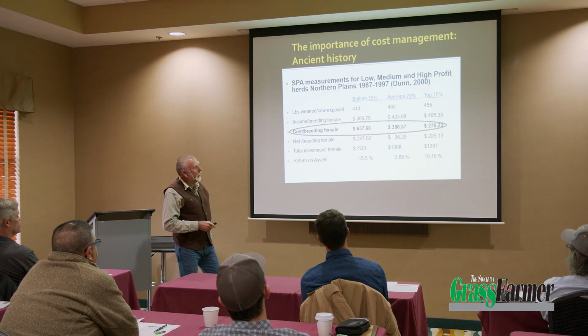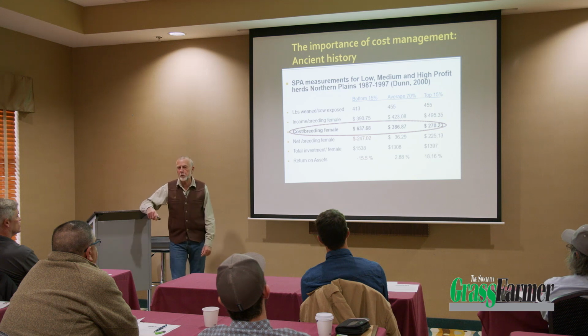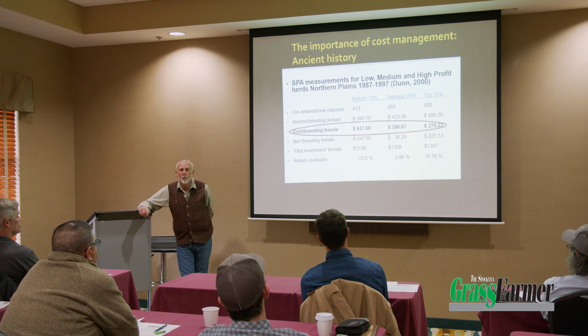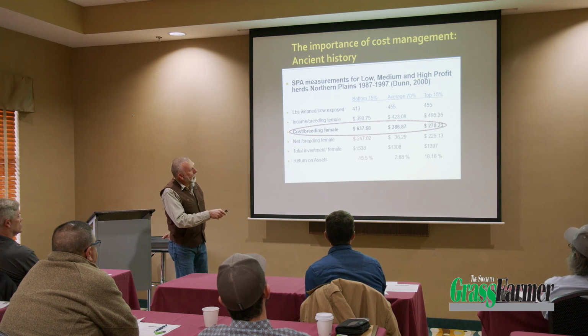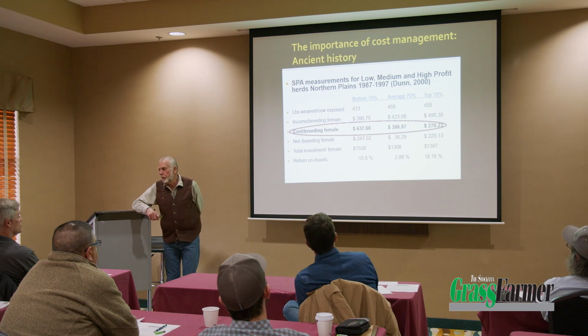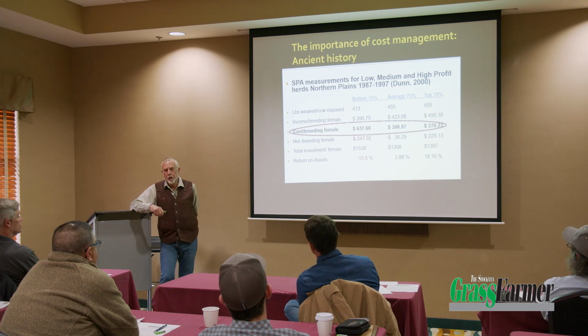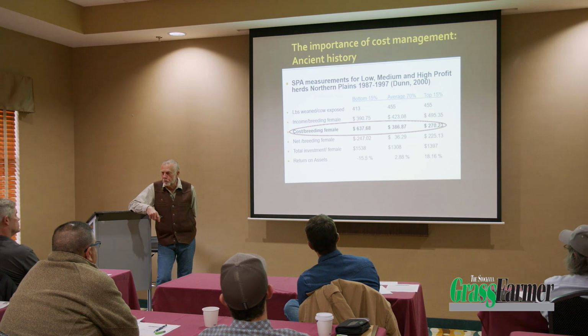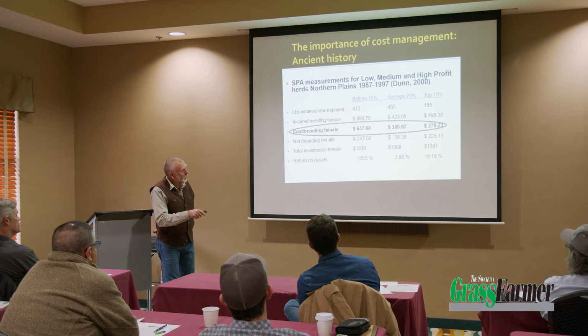Is that a $350 per cow difference in cost of production between the high group and the low group? Yeah, that's what it is, about 350 bucks. The average here is 386. So through most of the mid-80s, through the 90s, into the early 2000s, we could pretty safely say the average cow-calf producer costs $350, $400 to carry a cow. And that's exactly where we are.